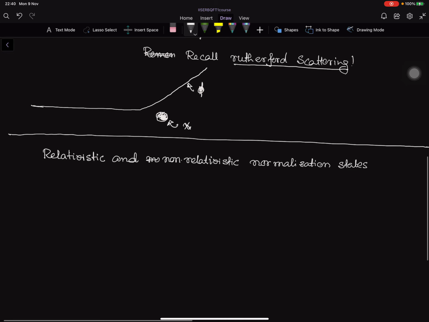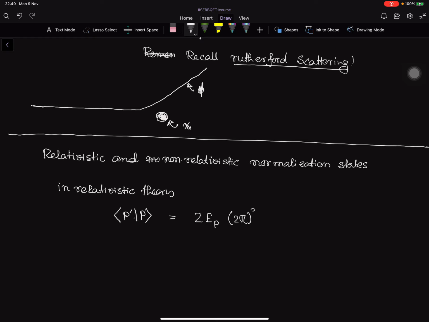In relativistic theory, the normalization of states is that, let's say there is a momentum state P and a momentum state P prime, then they are normalized as 2E_P times (2 pi) cubed times the delta function of P minus P prime. These are the spatial momenta.